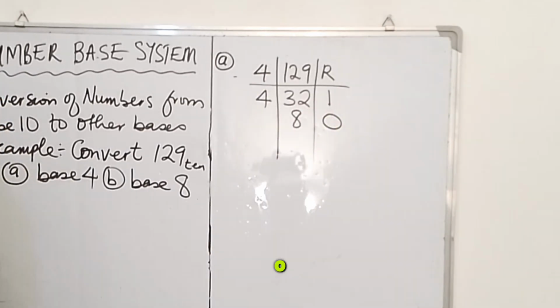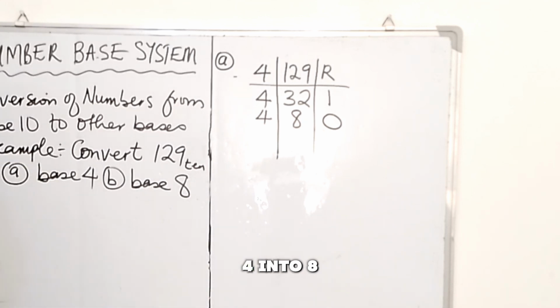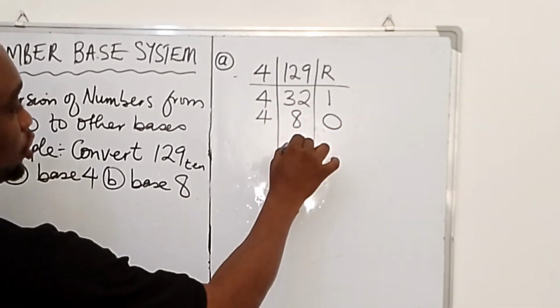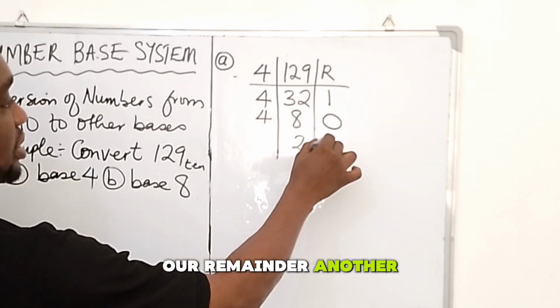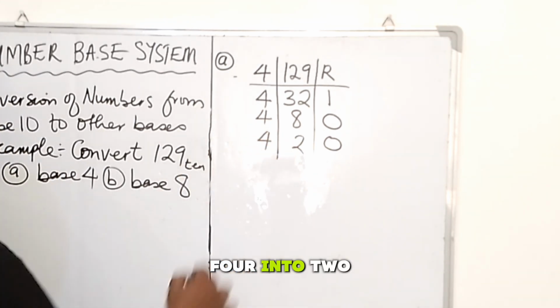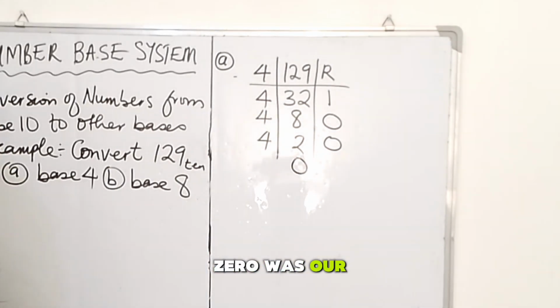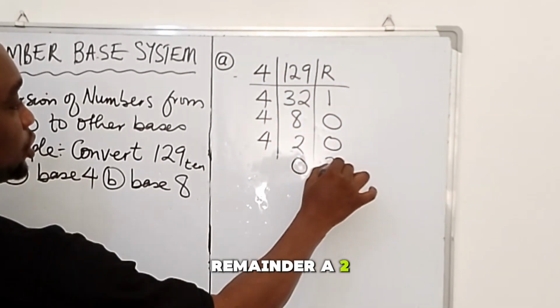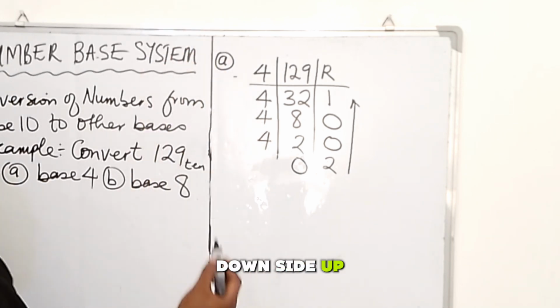We have a 0. 4 into 8, 2 times. What's our remainder? Another 0. 4 into 2 cannot. That's a 0. What's our remainder? A 2. And like we did earlier, we call it from downside up.